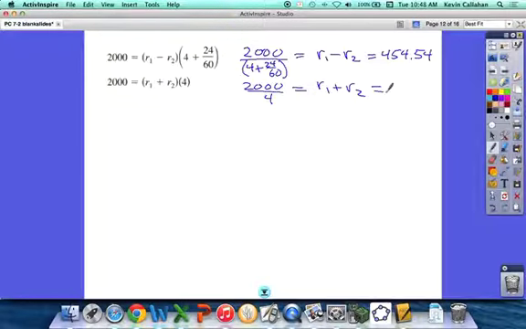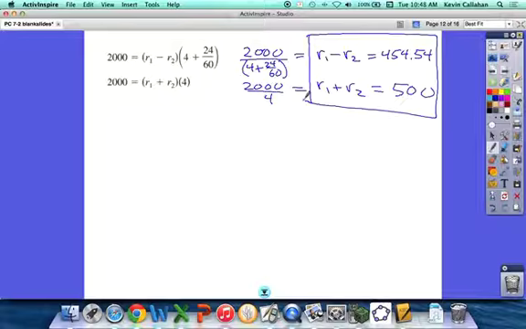And that's easier, that's 500. So now just look at that right there. There's your system of equations in standard form. The variables are all lined up. I'll write it over here. R1 minus R2 equals 454.54. Okay, R1 plus R2 equals 500.